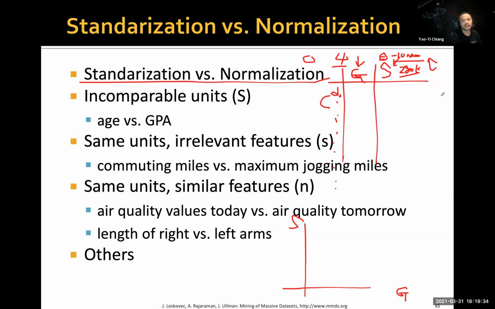This is 290K. So if you're using Euclidean distance to calculate the distance between two data points, their distance in the GPA doesn't really matter much because the second component varies a lot and the range is huge. So that's why people will do standardization or normalization before they do any clustering.